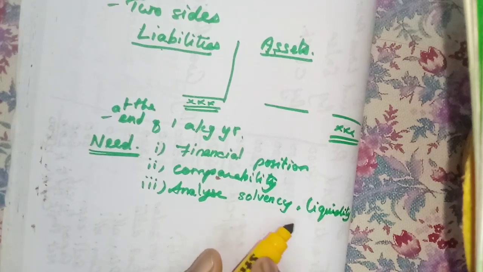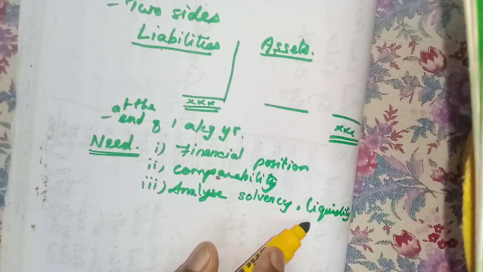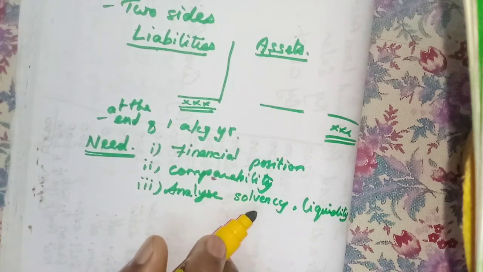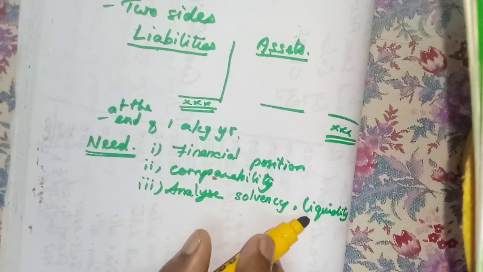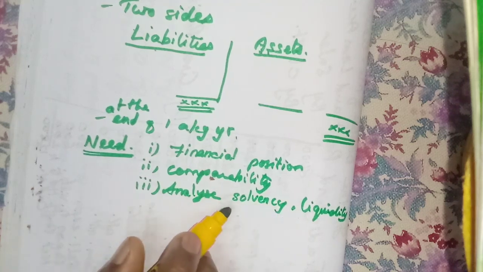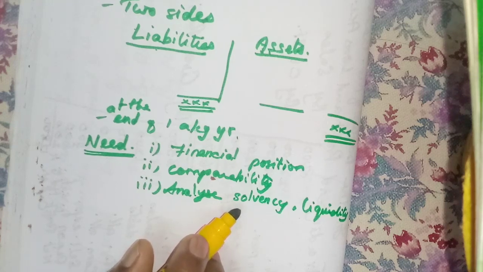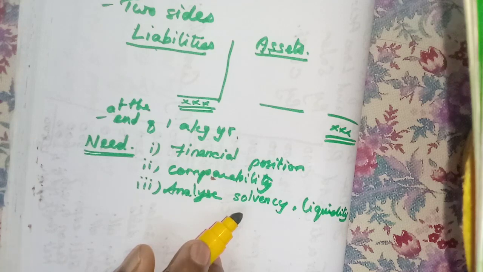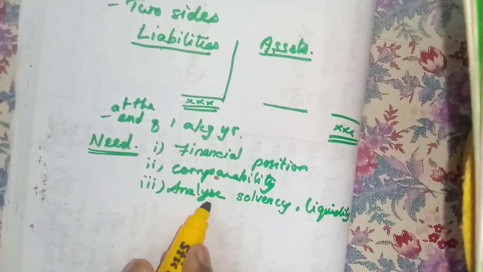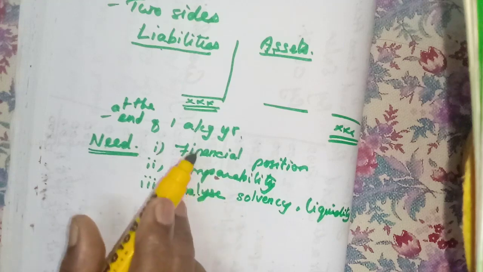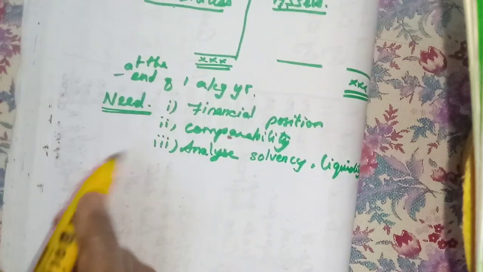Okay, that liquidity position, or converting into cash. What current assets can be converted, and how can we pay back current liabilities, whether the current assets are enough to pay back the current liabilities. Okay, here the long-term solvency ratio, whether the fixed assets are enough to pay back the long-term liabilities. So that can be analyzed and assessed from the financial position, that means from the balance sheet.